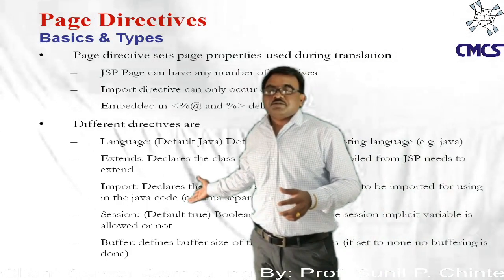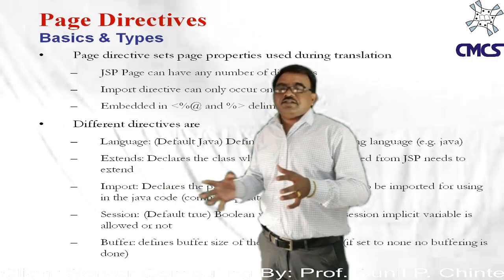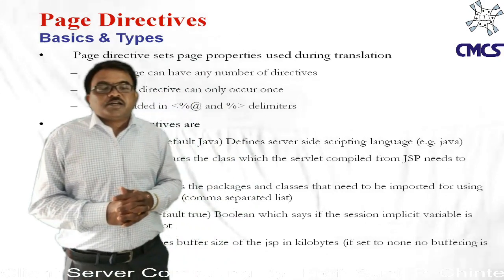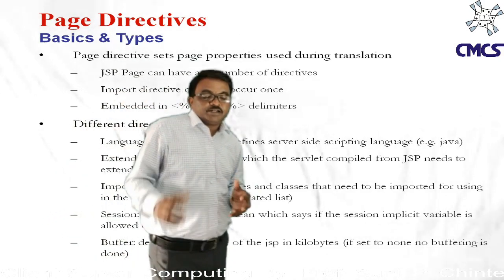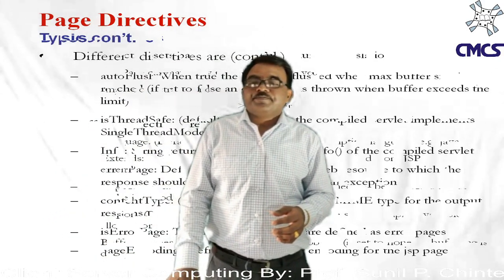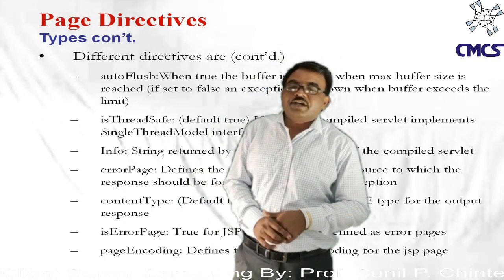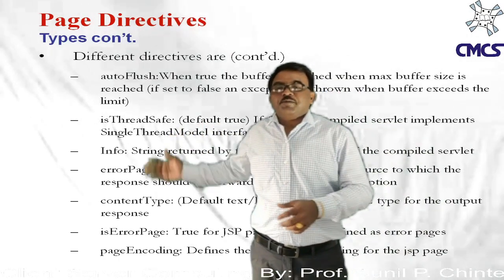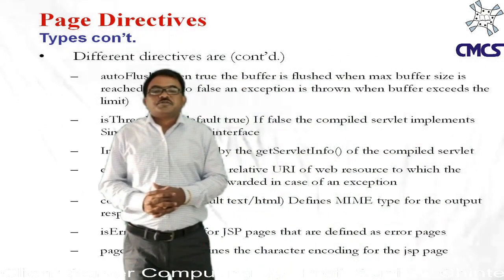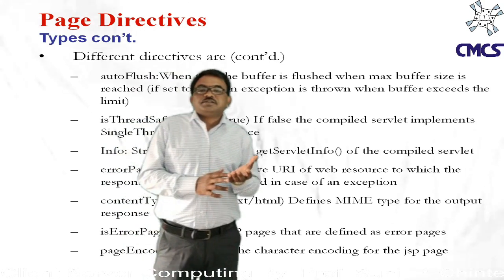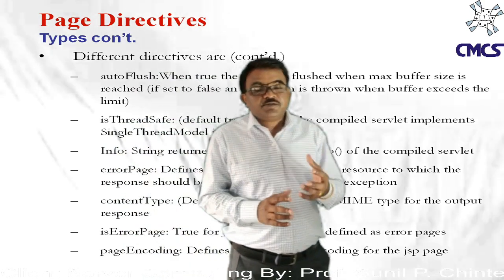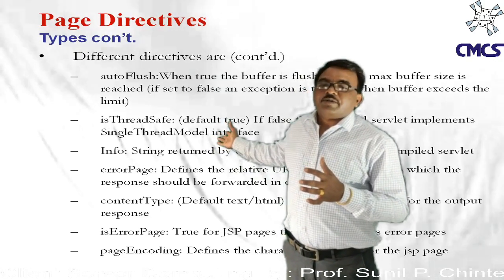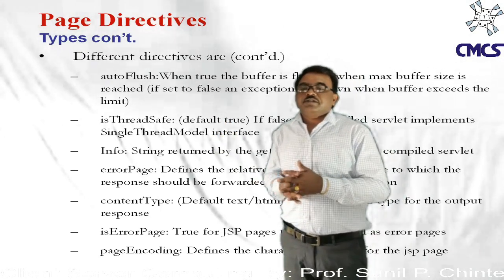Then the buffer defines the buffer size of a JSP in KB, that is kilobytes. Okay, next is the autoFlush property. When true, the buffer is flushed when the maximum buffer size is reached. Whenever the maximum buffer size is reached, at that time it flushes. By default it is true.